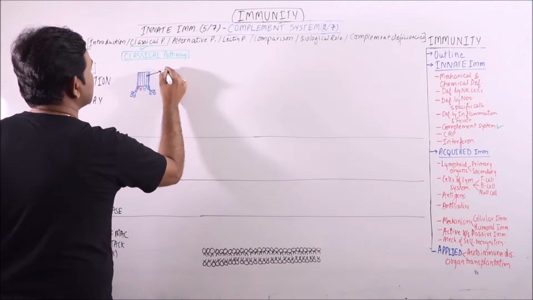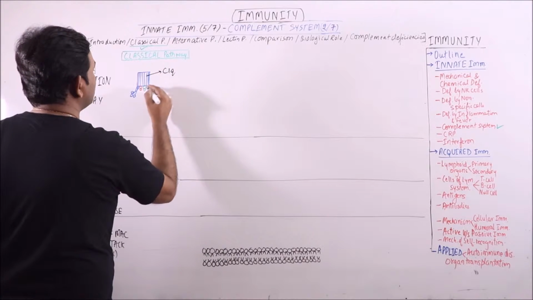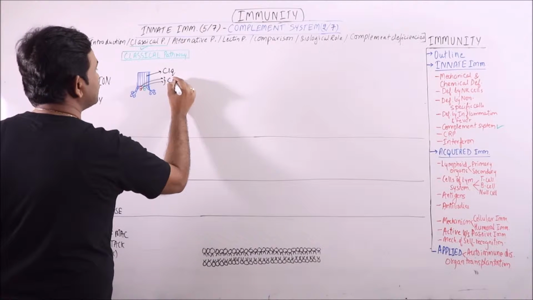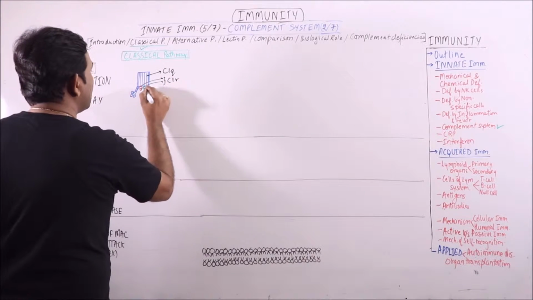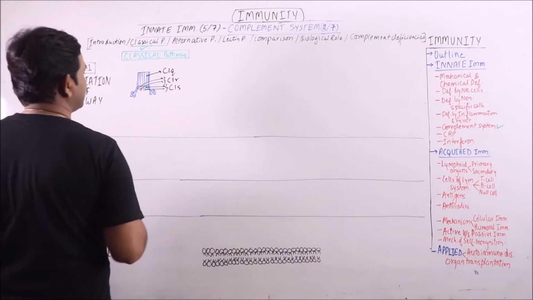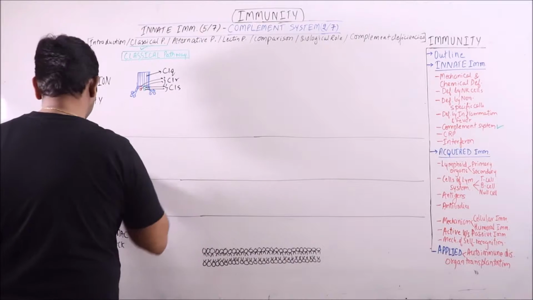This one is C1Q. These are two molecules of C1R and these are two molecules of C1S.